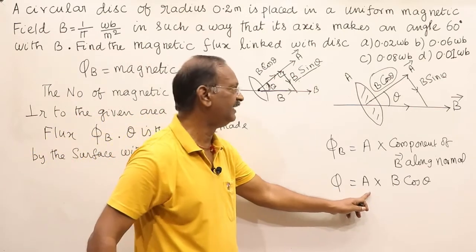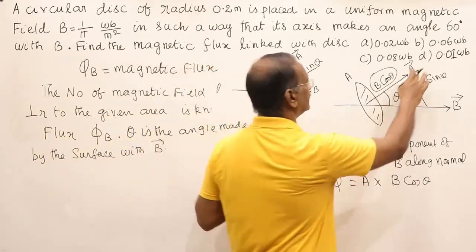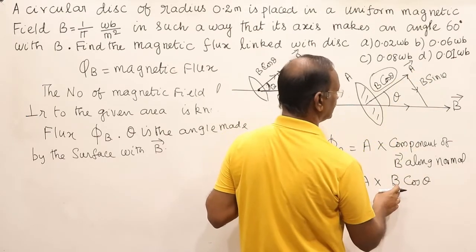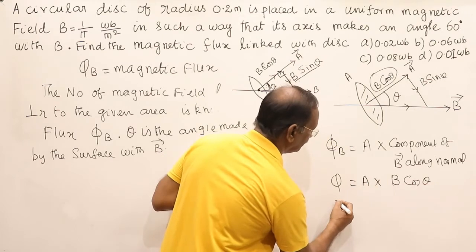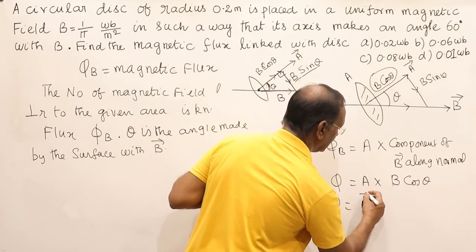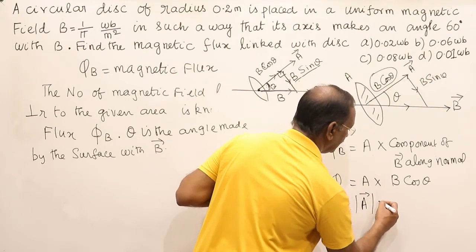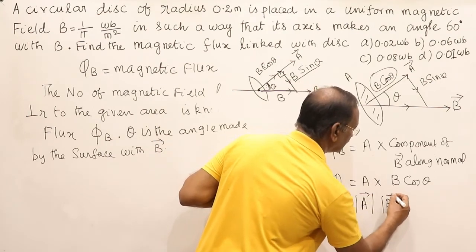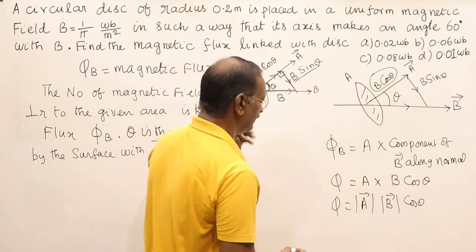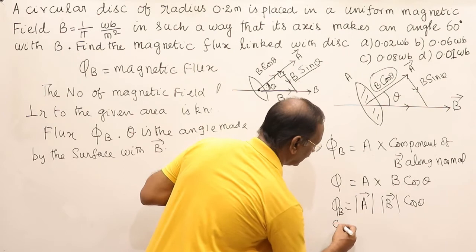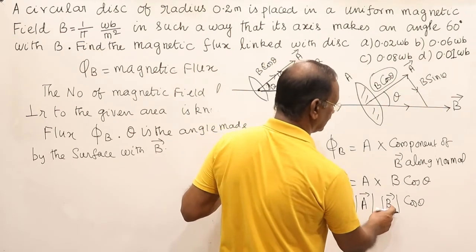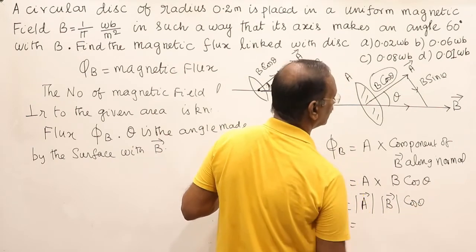That is, magnitude of the area vector is A, modulus of the B vector is B, and this is the angle. So flux is equal to modulus of A vector into modulus of B vector into cos of angle between A and B. Magnetic flux is equal to modulus of one vector, modulus of another vector into cos of angle.